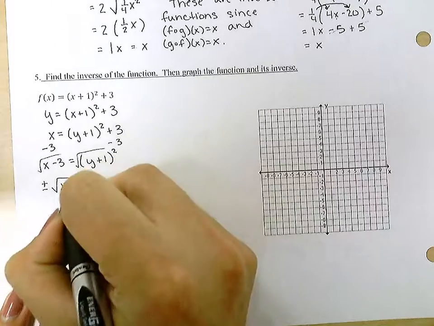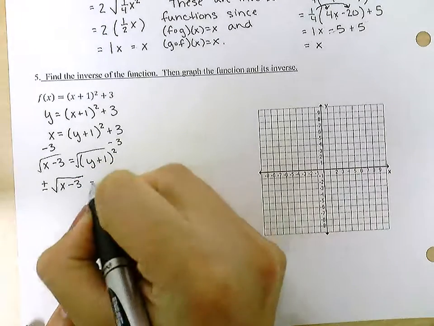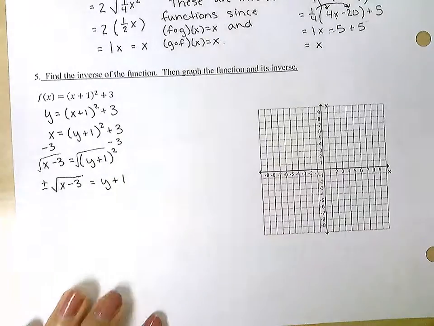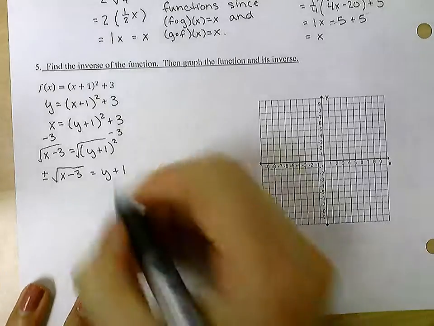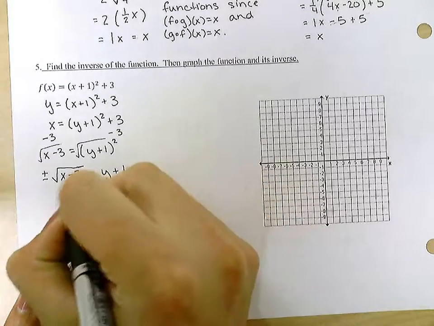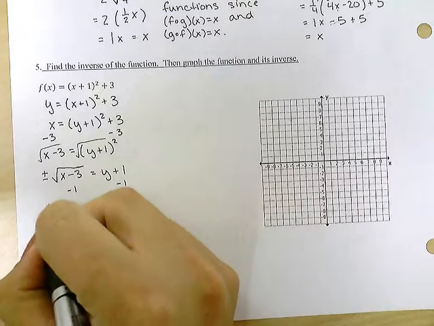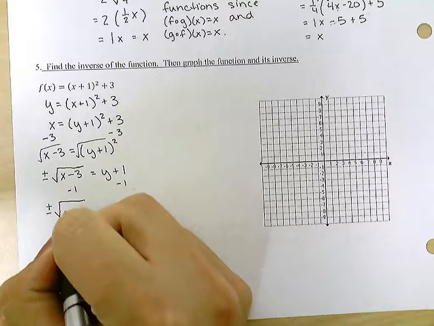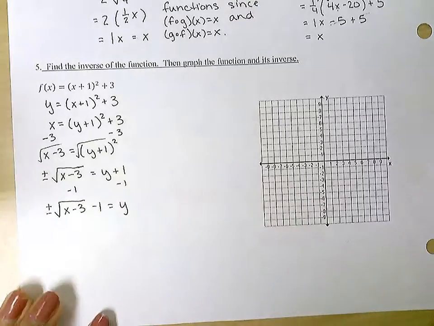So I have plus or minus the square root of x minus 3 is equal to y plus 1. So now to get y by itself, I just have to subtract 1 from both sides of my equation. So I'm left with plus or minus the square root of x minus 3 minus 1 equals y.